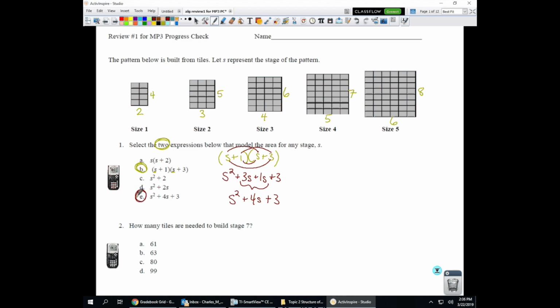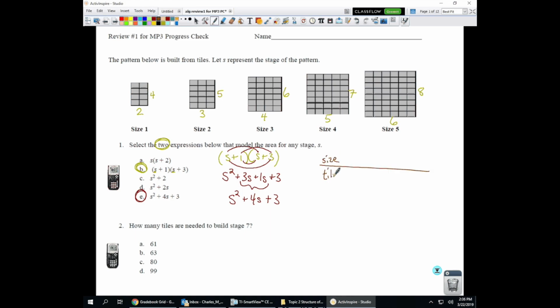Now, if you do not come up with that original expression, the s plus 1 times s plus 3, if you don't catch on to a pattern that you could describe that way by just looking at the pictures, then the next best thing would be count the number of little tiles or boxes that are in each pattern and make a table out of it. So we know that the size would be our independent variable.